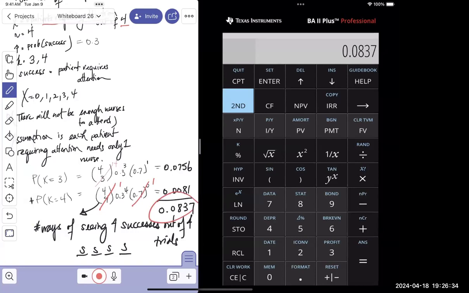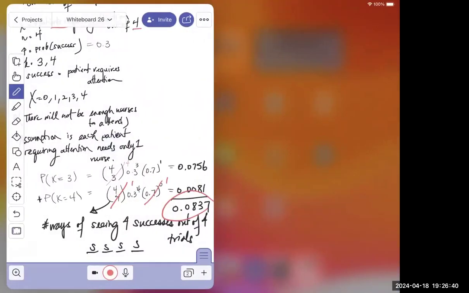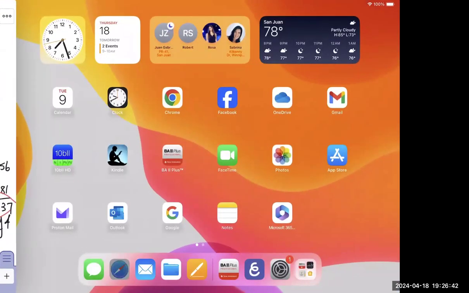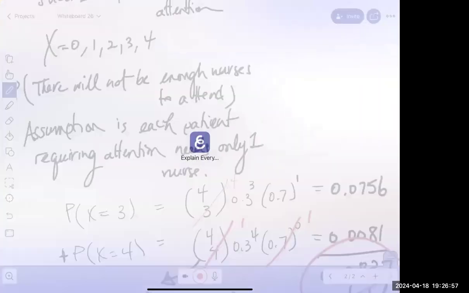And I look at the options. It's E. You said D or E, didn't you? Sí, había dicho sí. And that's C. What do you think? So you got it, kind of?